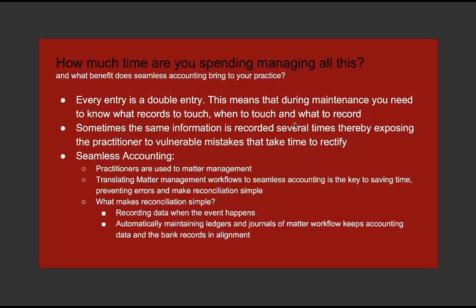In trust, they do reconciliation, but they don't do trust listing. So you still have a lot of time to spend on any general accounting software to manage trust listing, which is a huge effort. But with legal accounting software, you get all that very, very quickly and very, very easily. And that's where seamless accounting really makes sense.